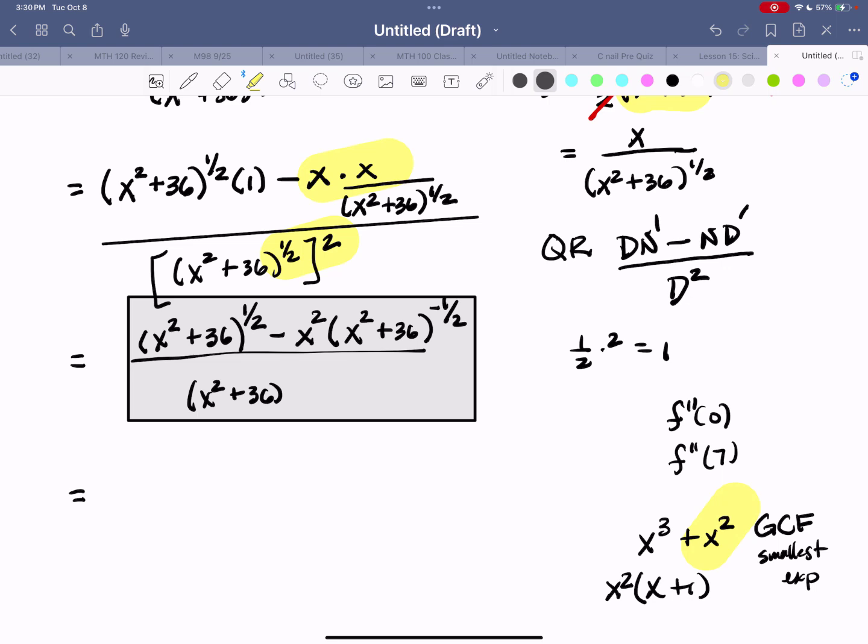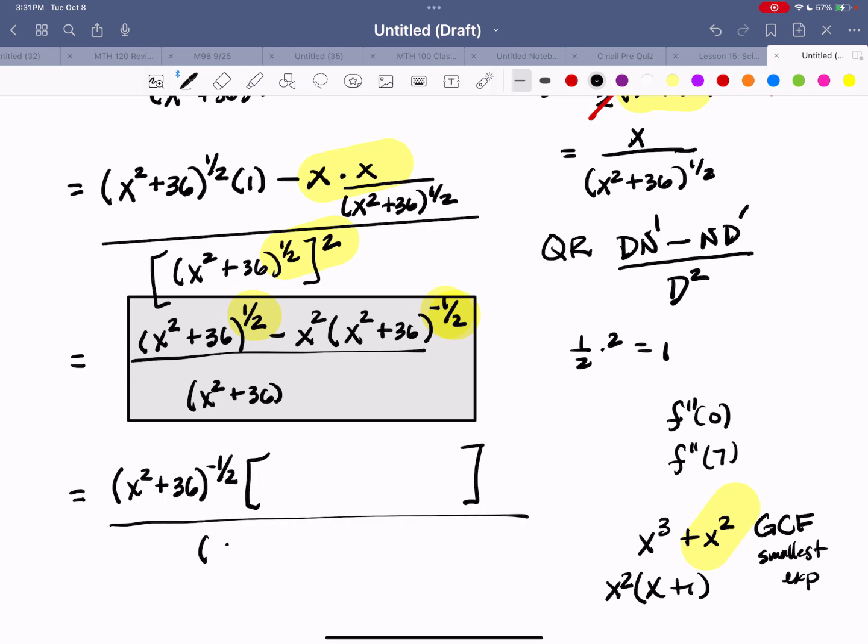I can't take out an x cubed if I don't have that many. So if I look at these two, 1/2 and negative 1/2, negative 1/2 is the smallest one. I'm going to take out x squared plus 36 to the negative 1/2. Now, what am I going to get in here when I do that? I'm going to go ahead and write my x squared plus 36 here.